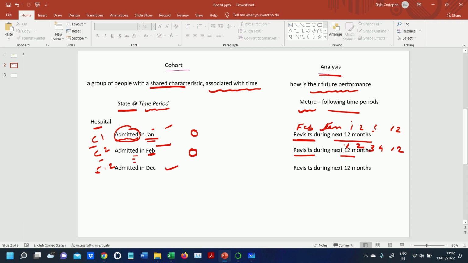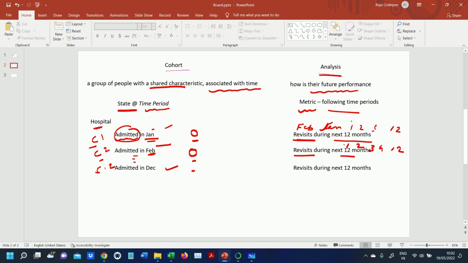This is very important in making business decisions, in order to see how their behavior changes based upon their initial state. If the number of readmissions is higher in a particular cohort, in a particular group, that will probably indicate some changes are required, or something has happened in that time period.